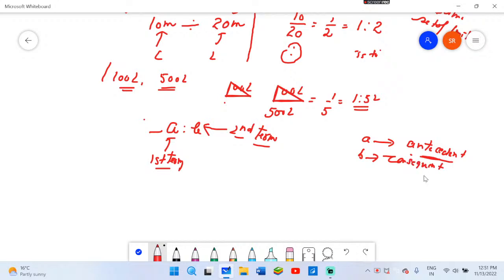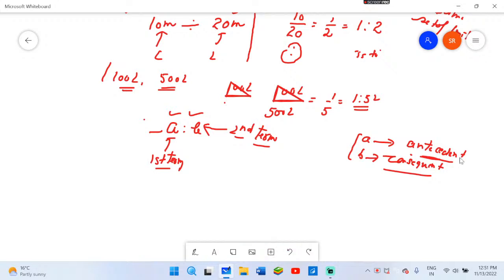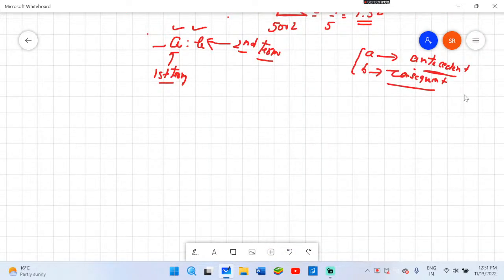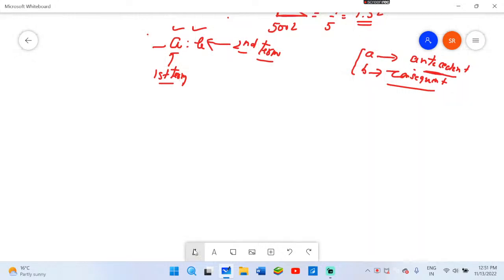So either we can call them first term and second term or antecedent and consequent. Right?